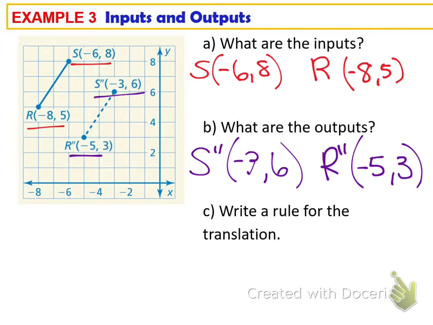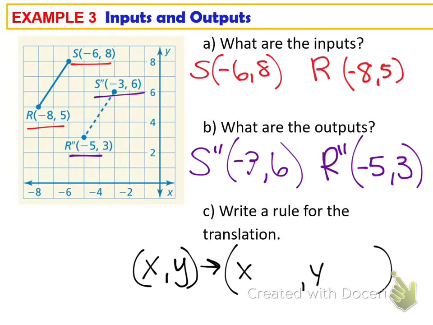Then it says write a rule. So writing a rule looks like this part first. So every X and Y coordinate, something happened to each of them. So I would just pick S or R, one or the other. Which one do we want to figure out what happened?